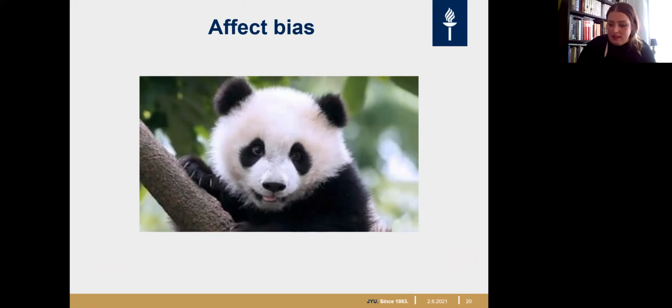Now that we are in this stage of the tutorial, it's good to have one picture of a panda. And this is a really cute image.